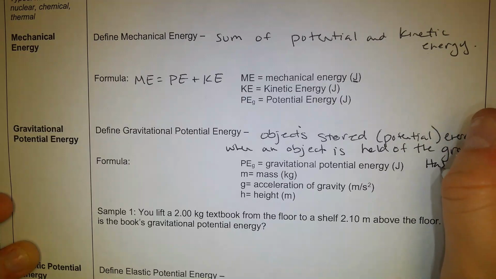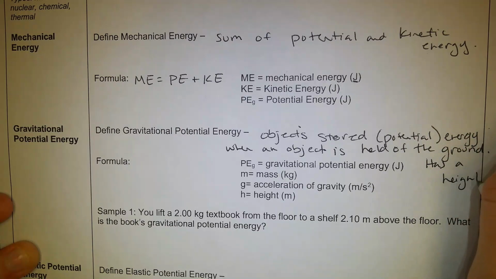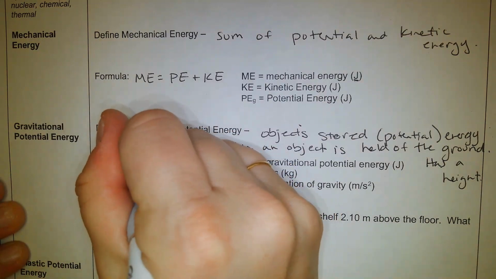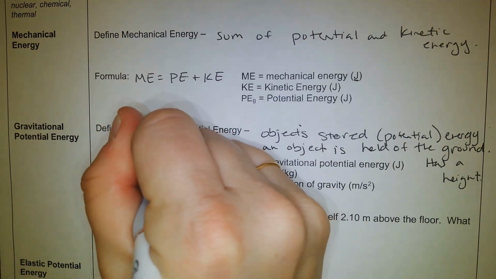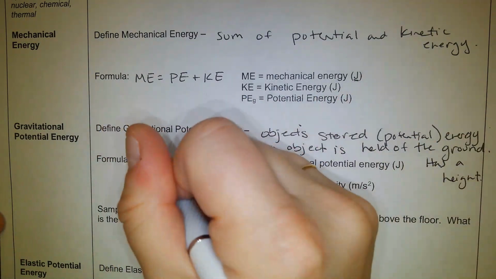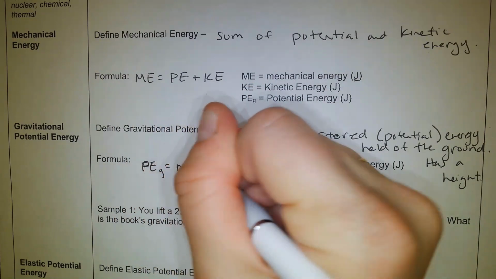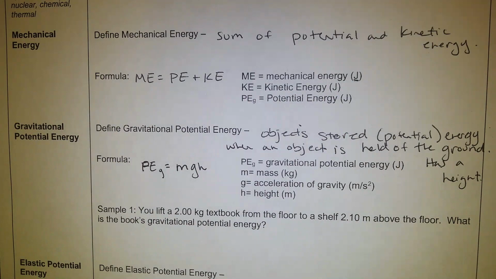In other words, has a height. So anything that has a height, in other words, it's like the potential to fall. So you have the potential energy, and we have a little subscript G, just to say it's gravitational potential energy. It's going to be mass times gravity times height.